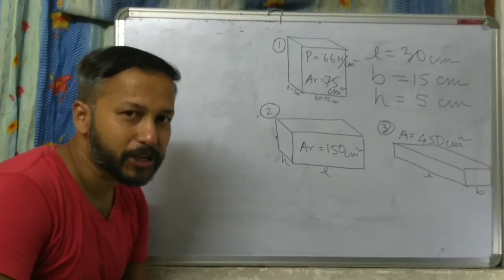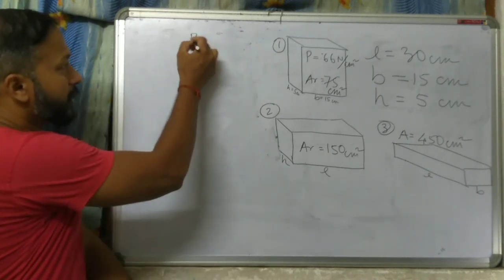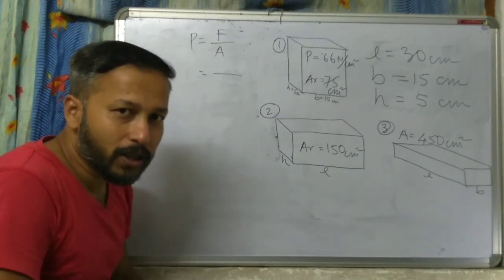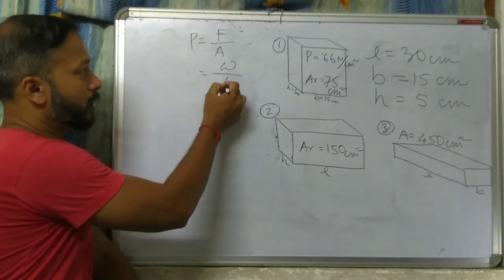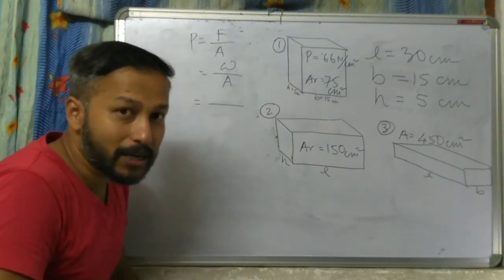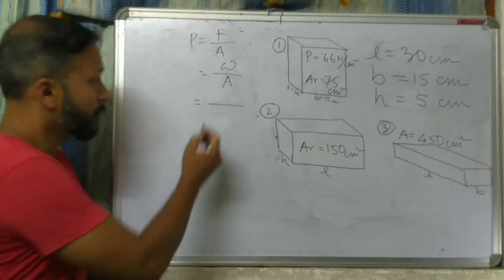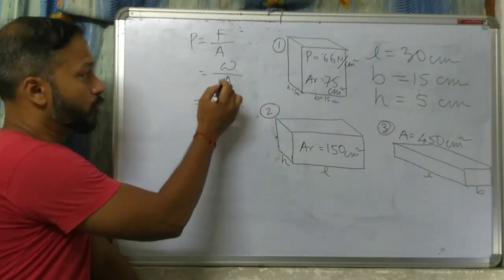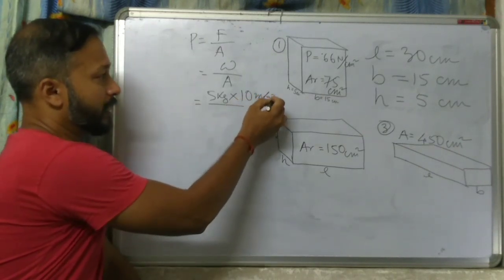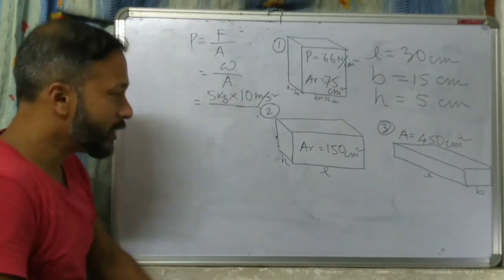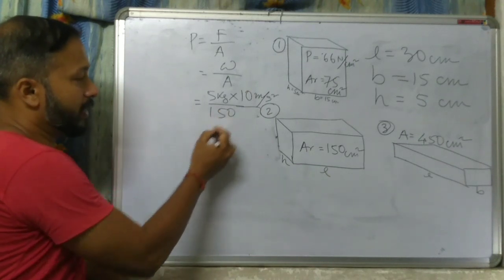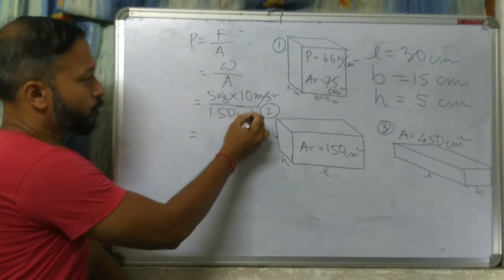Now we will see what is the pressure exerted in this condition. Again we will put the formula: pressure equals force by area. Force means, I told you, weight of the book. What is the weight of the book? Mass into gravity. Mass of the book is 5 kg, into gravity is 10 meter per second square, by area. What is the area here? Second case we have taken out 150 centimeter square.